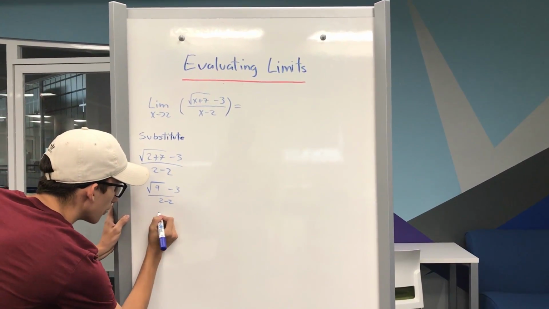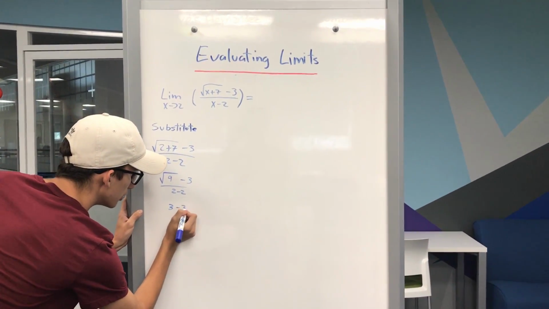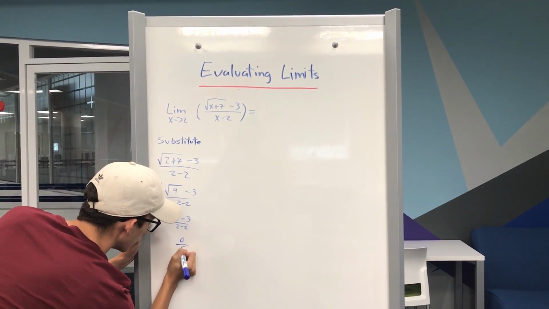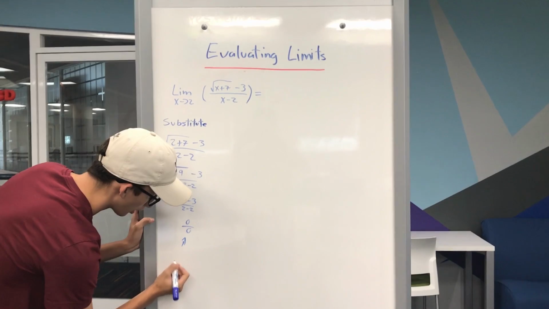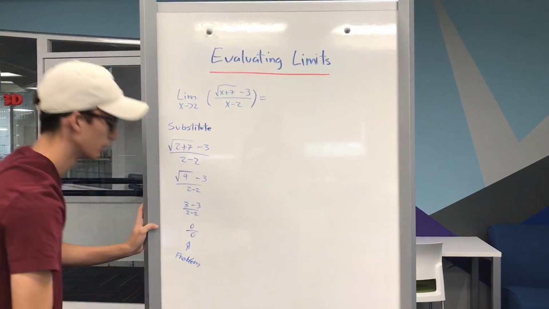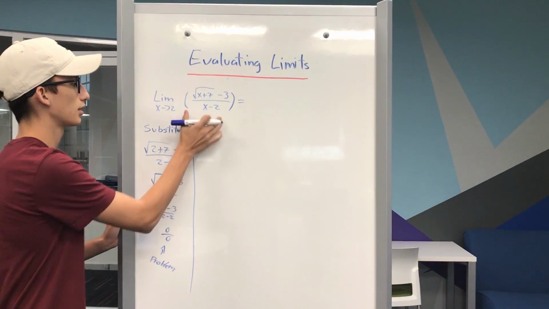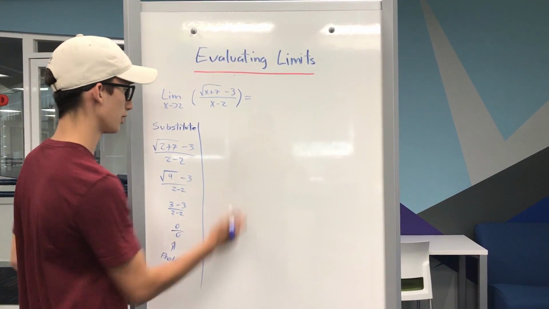Then the square root of 9 is 3, then minus 3, and 2 minus 2 is equal to 0 over 0. So the 0 over 0 means we have a problem. In order to solve this problem and to evaluate this limit, we need to find the answer.